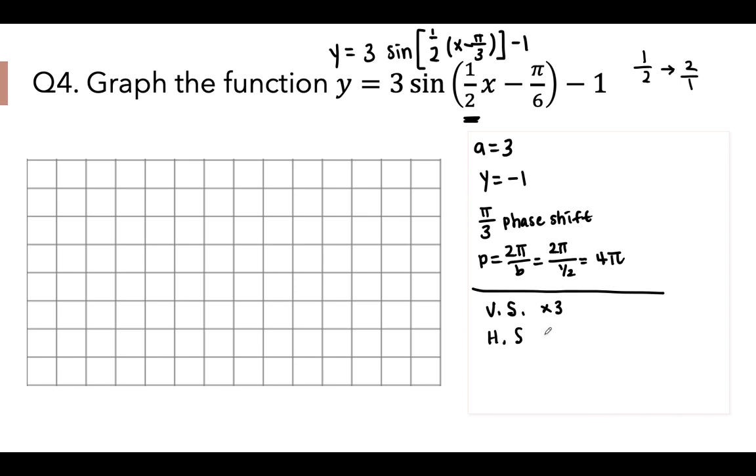So it's a horizontal stretch by factor of 2. I'm moving right horizontally by pi over 3 units, and I'm going down vertically by 1 step. Okay. So let's draw the equation of axis.